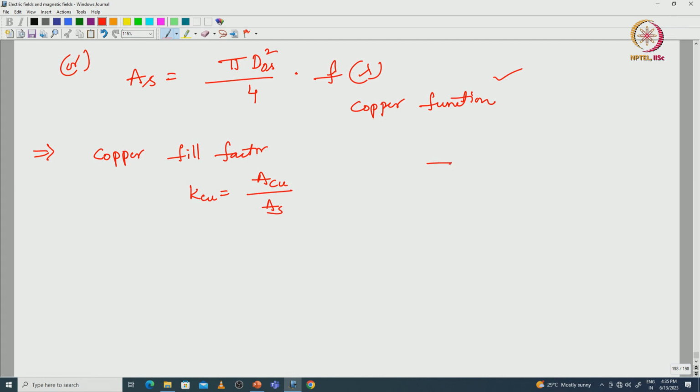If I consider the slot in this manner, here the inside liner will be there: the slot liner is the pink color one, the blue color ones are the conductors, and the red color one we can see here are slot separators.